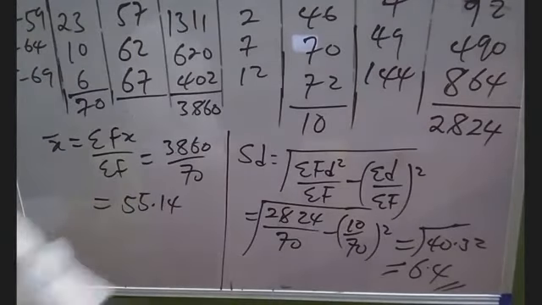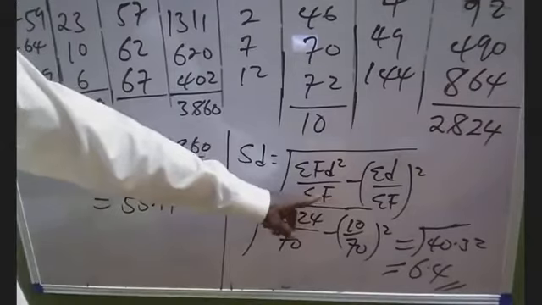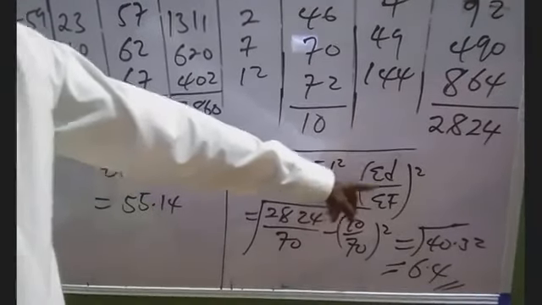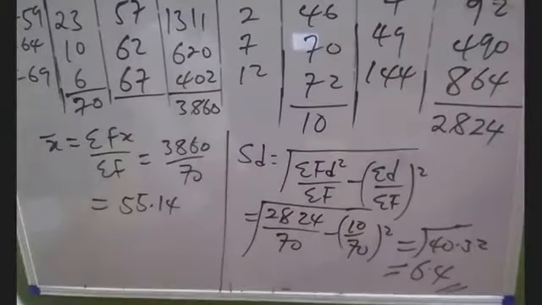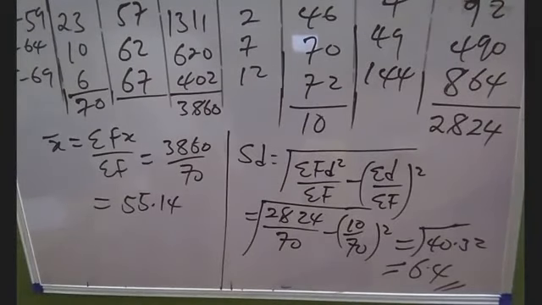Remember, I introduced a new formula here: sigma fd squared over sigma f minus sigma fd over sigma f, all squared. It's advisable you use this when it involves grouped frequency.